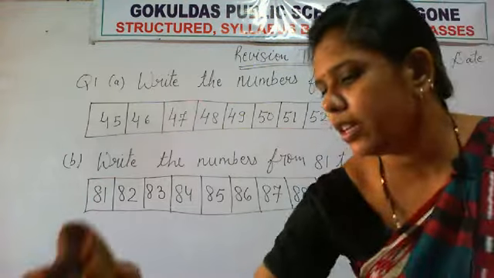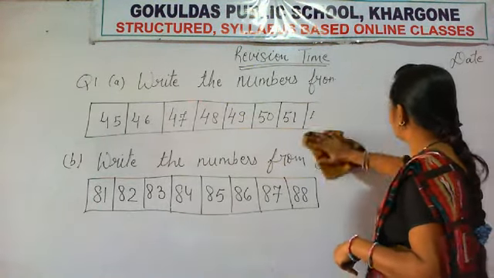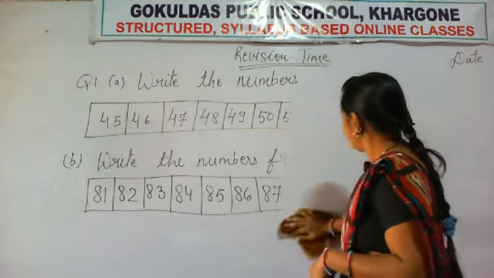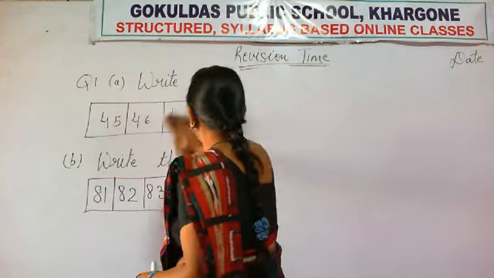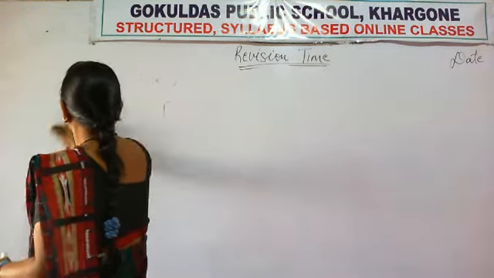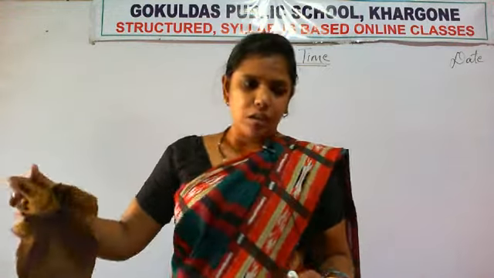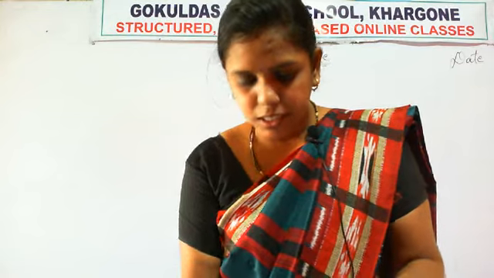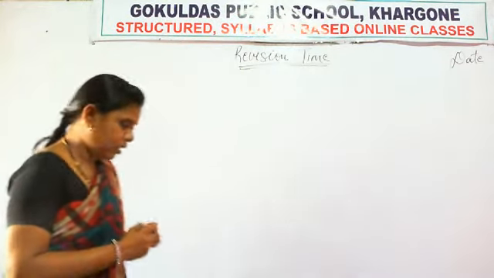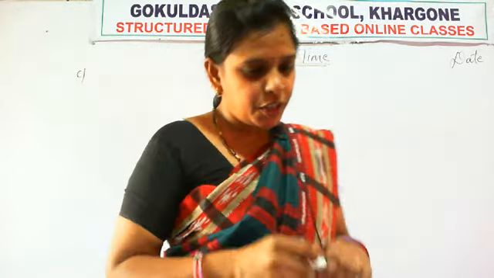Written. Now the next question. This question is given in the book, B part. But B part we have already written, so write that as C. First let us read the question. What is the question?